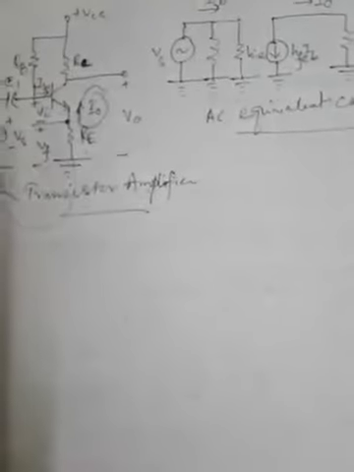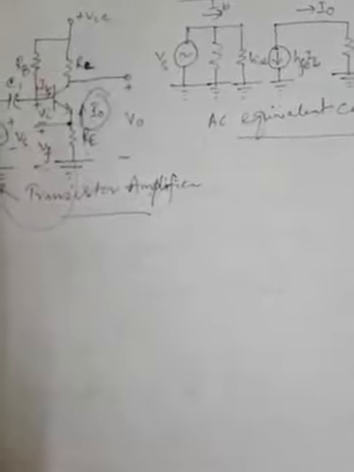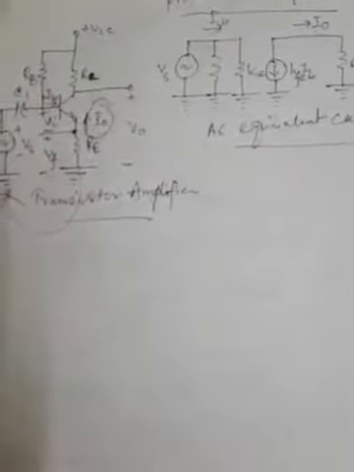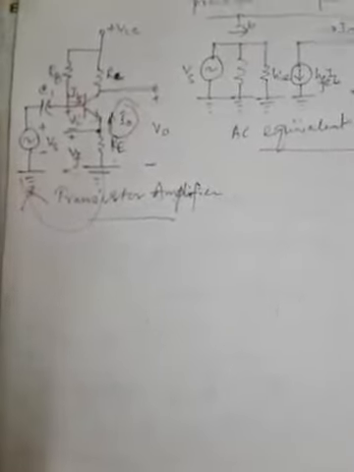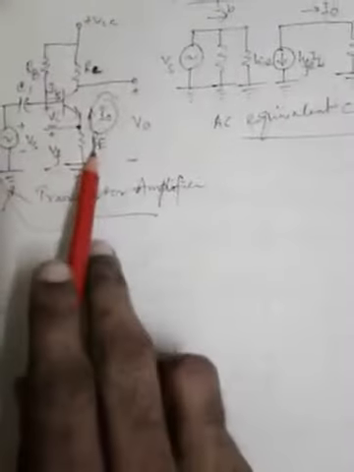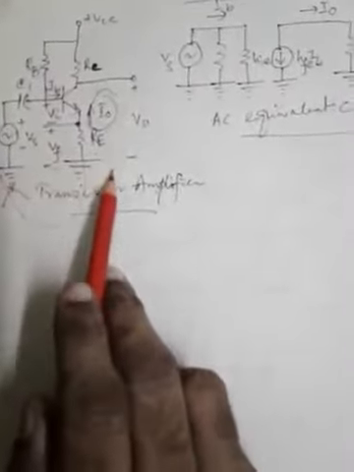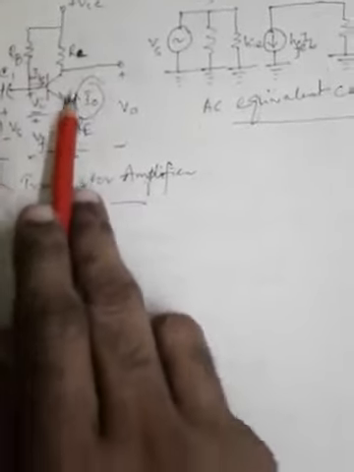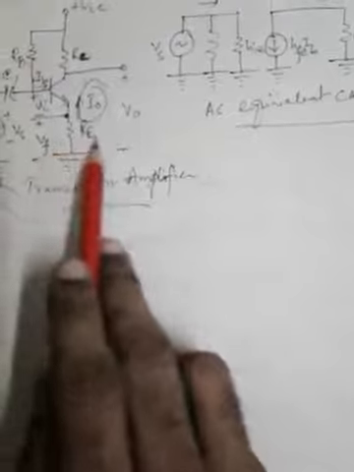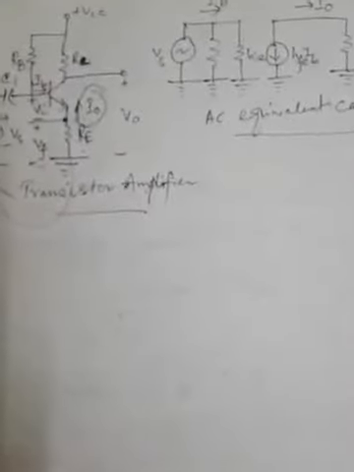To remove the current series feedback, the emitter resistor must be either removed or bypassed by a capacitor, which is usually done. That means to nullify the effect of current series feedback, this emitter resistor should be connected with a bypass capacitor, or otherwise the emitter terminal should be directly connected to AC ground and no RE should be used.